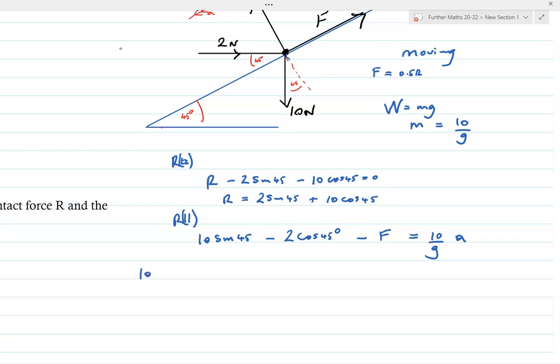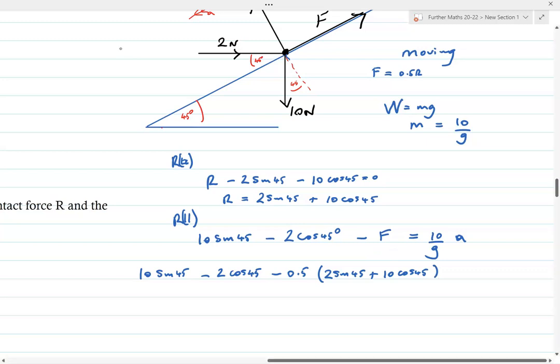So we've got 10 sine 45 minus 2 cos 45 minus 0.5 r, because that's f equals mu r, f equals 0.5 r, so that's 0.5 times by r, which is 2 sine 45 plus 10 cos 45. And that equals to 10 over g times by a, and a is what we're being asked to find.